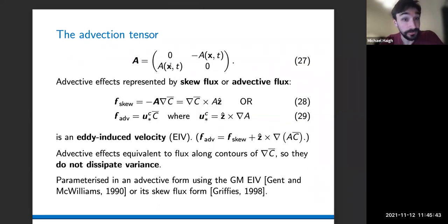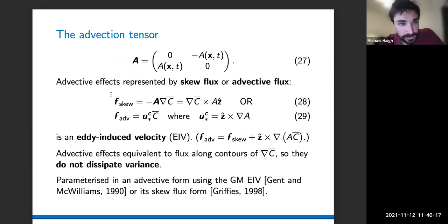So I've finished talking for now about the diffusion tensor, and I'm going to spend a few slides now talking about the advection tensor. That's the antisymmetric part of the transport tensor, which parameterizes advective effects. These advective effects can be represented in one of two ways and exploit the fact that the advection tensor is an antisymmetric tensor with a single unique entry, with a minus sign in the top right and without a minus sign in the bottom left.